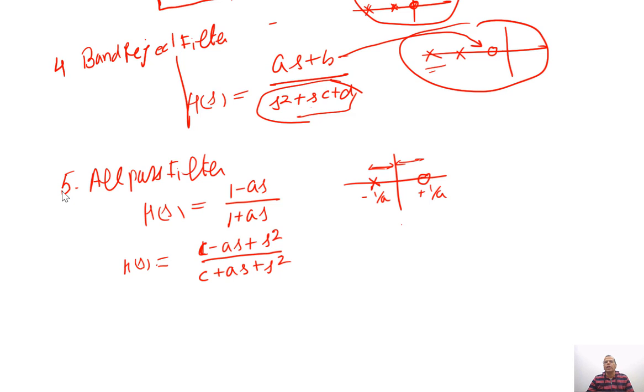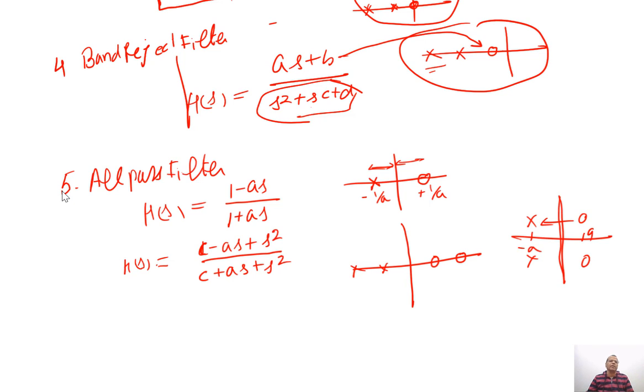So in case of all pass filter, maybe we have 2 zeros on the positive real axis and 2 poles on the negative real axis, but both must be symmetrically located. We have 2 zeros on right half of S plane, 2 poles on left half of S plane, but the imaginary axis forms a mirror. It means if it is at distance A, it will be at distance minus A.